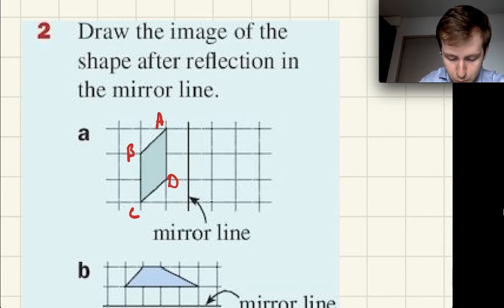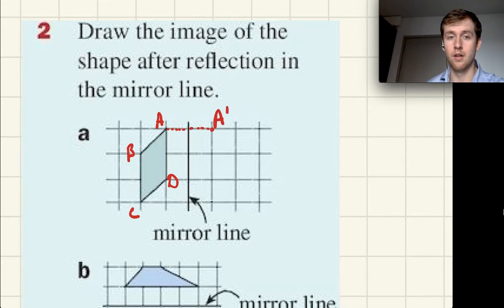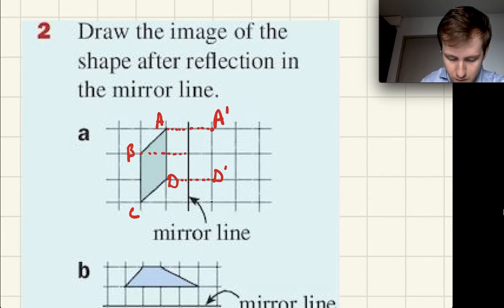If you reflect the point A, the distance from point A to the mirror line should be the same as the distance of reflected A to this mirror line. So this is where our reflected A should be. And reflected D is going to be here. Reflected B, you see it's two squares away, right?